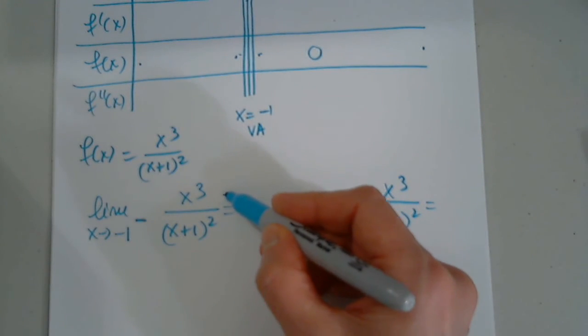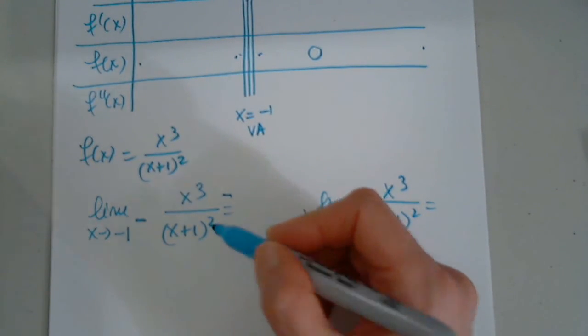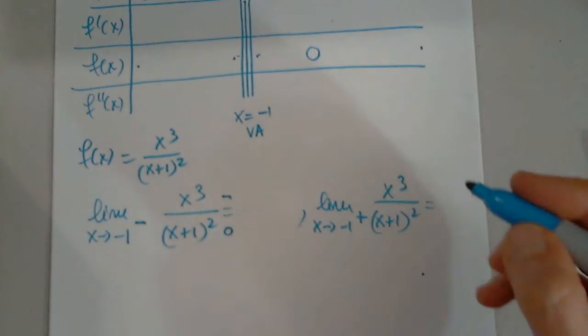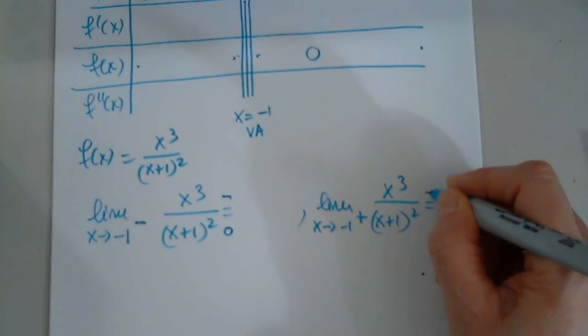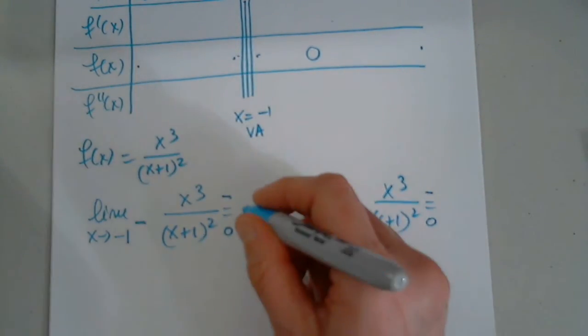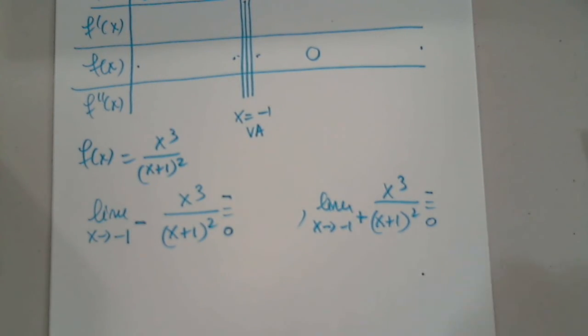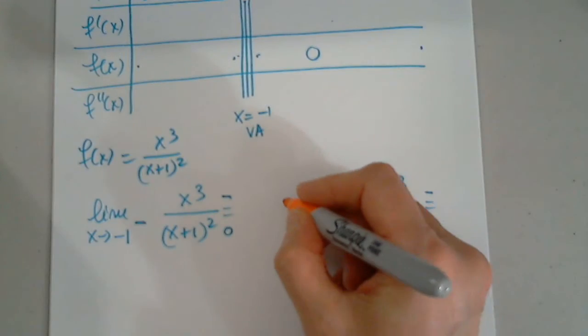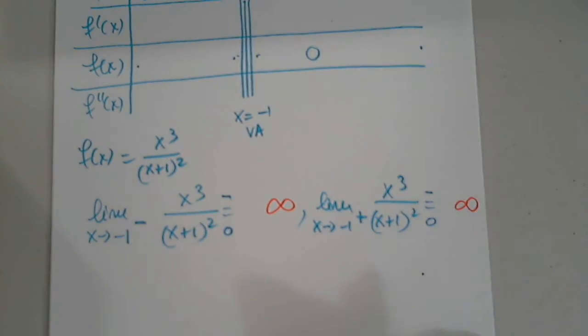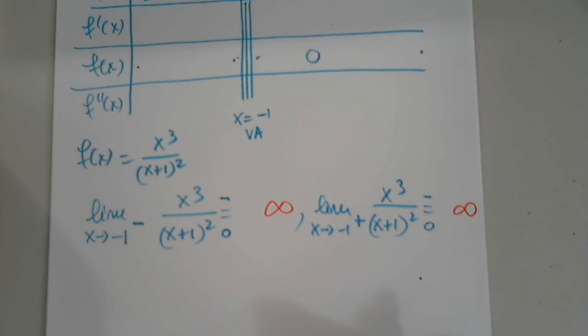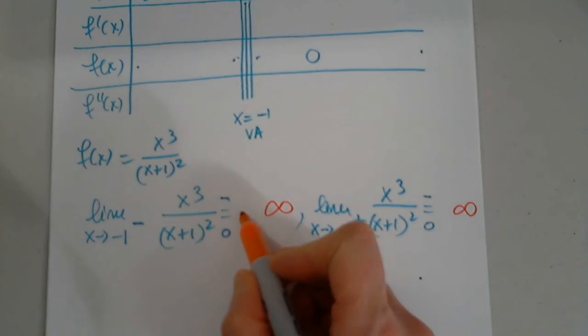Of course, the numerator is negative and the denominator is 0. Same thing here. The numerator is negative, the denominator is 0. So what will be the answer? We know the answer. That's not a big deal. But I don't know the sign. Negative infinity? Yes.